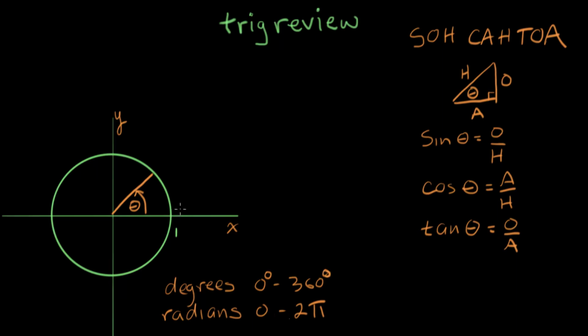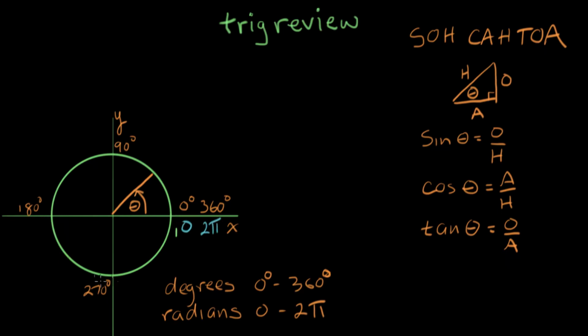So if I mark this out in degrees, here's 0 degrees, here's 90 degrees, here's 180 degrees, this is 270, and when I get back to the beginning, it's 360 degrees. If I measure the same angles in radians, this will be 0 radians. When I get back here, it's going to be 2 pi radians.